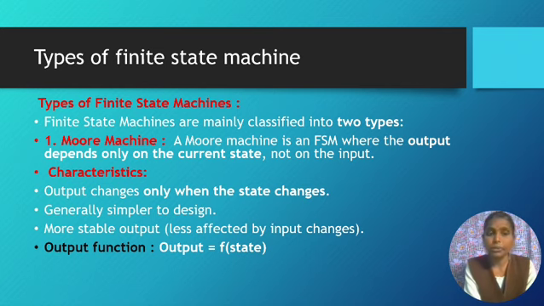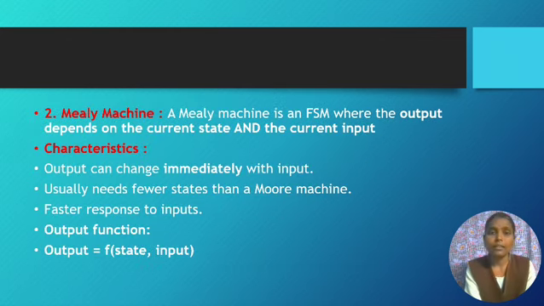Generally simpler to design, more stable output, less affected by the input changes. The output function of the Moore machine is output equals f of state. And Mealy machine. A Mealy machine is an FSM, that means finite state machine, where the output depends on the current state and the current input.